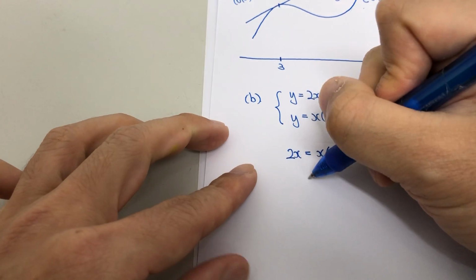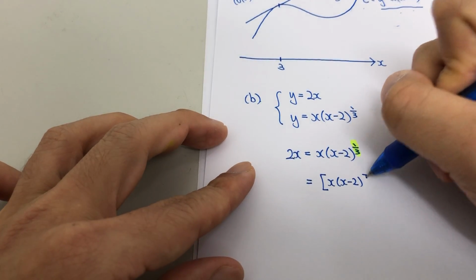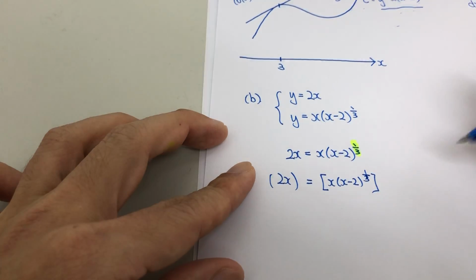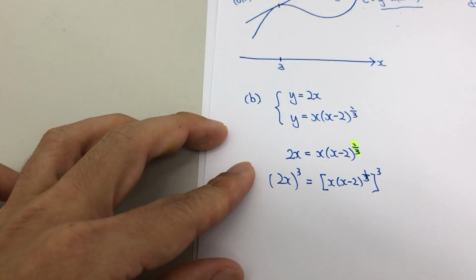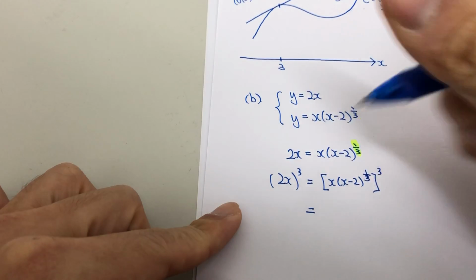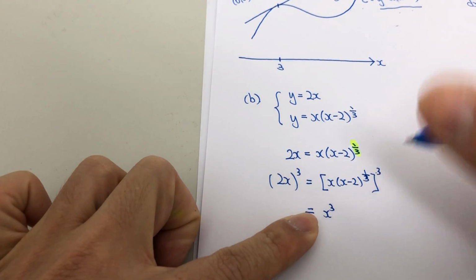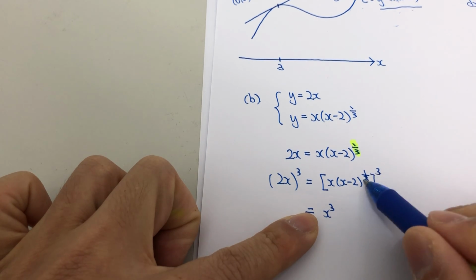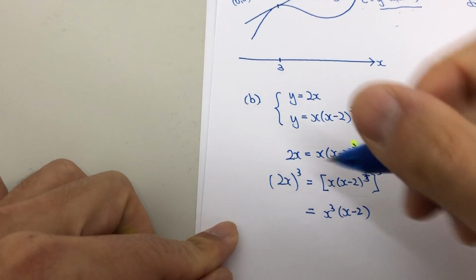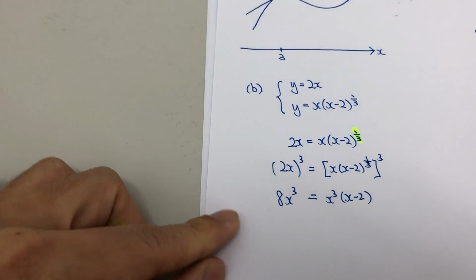Yes, on both sides, let's give them a power of 3. If we give the power of 3 to them, then here 3 gives x to the power of 3, and 3 times 1 over 3 becomes 1, so that we have x minus 2. And then the other side becomes 8x to the power of 3.